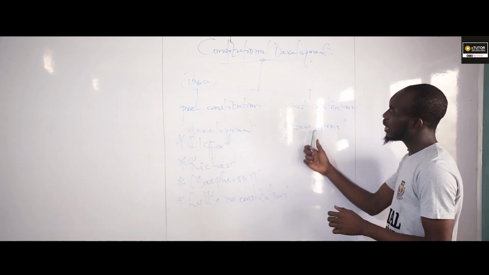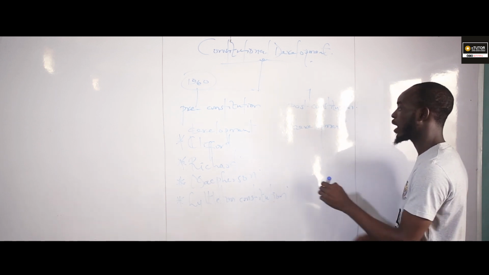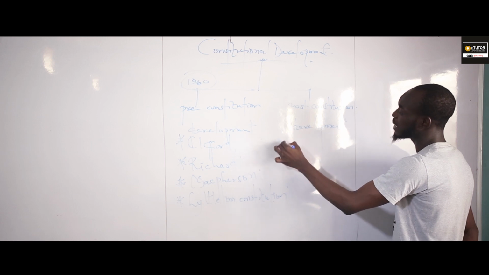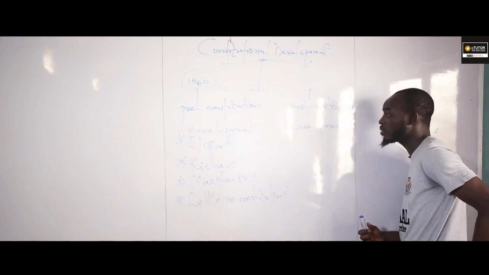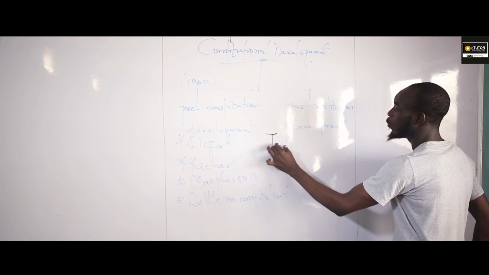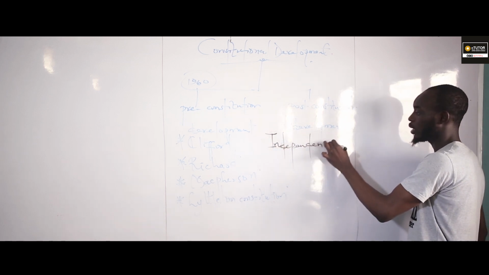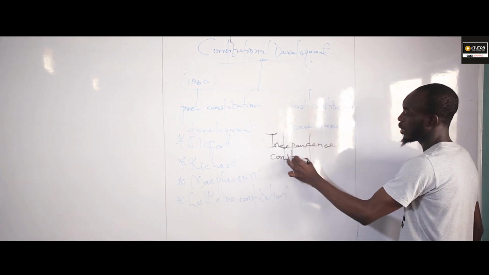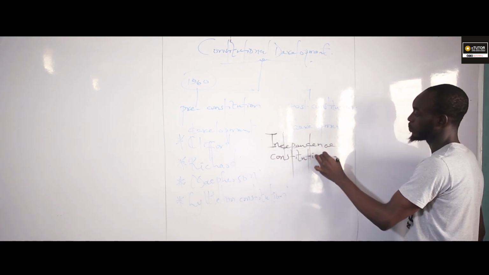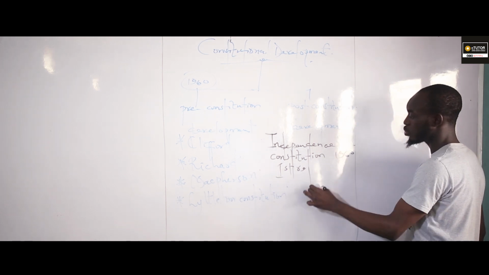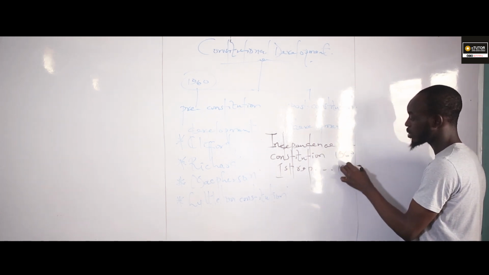Now, under post-constitutional development, we have the Independence Constitution of 1960. We have the First Republican Constitution, 1963.